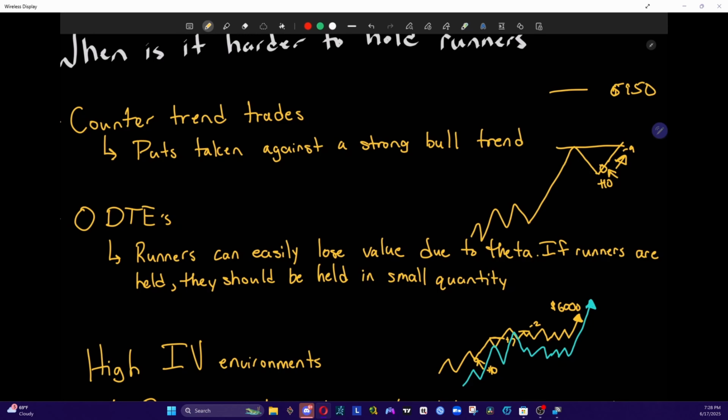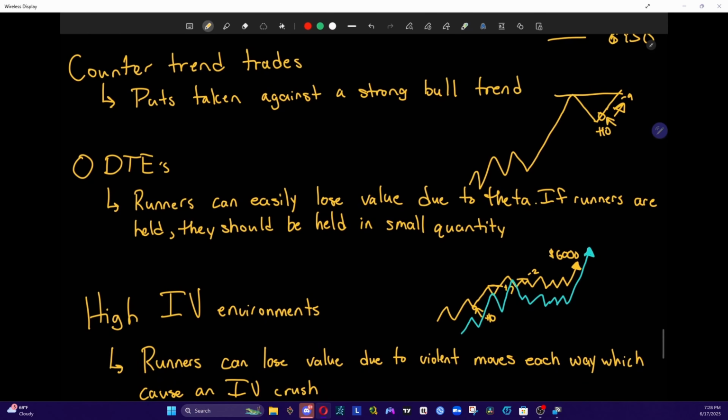That's why I'm here. High IV environments: runners can lose value due to violent moves each way, which causes an IV crush. What that means is, we've talked about IV before, it is probably the most important thing you could learn as an options trader. If you don't know about it, you should watch our previous videos, or I'll have another live session about it one day.